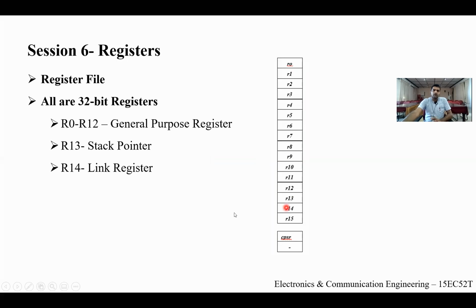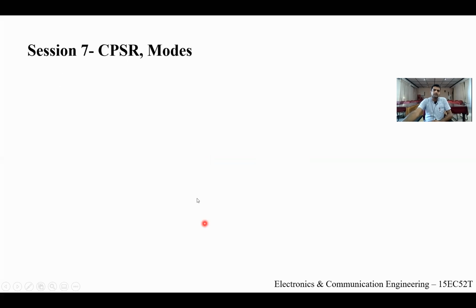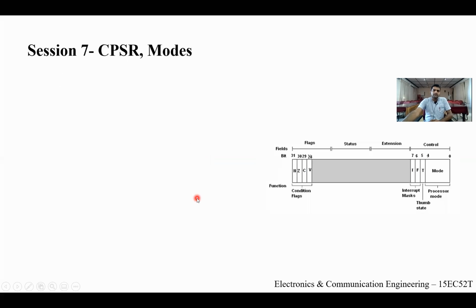R15 is called program counter. And next we have CPSR, current program status register. In session 7, we studied the structure of the CPSR, what control bits are there, how many flag bits are there. We studied the structure of the CPSR.